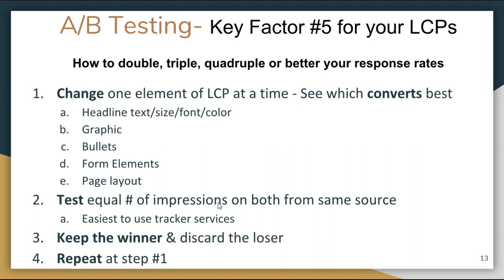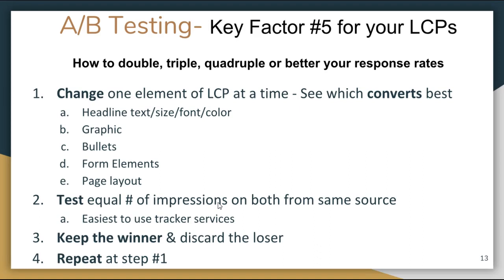And then what you do is, I'm getting so excited here, you keep the winner and discard the loser. In other words, the one that got the most conversions is the winner. So you keep that, and that becomes your A version for the next testing period, right?